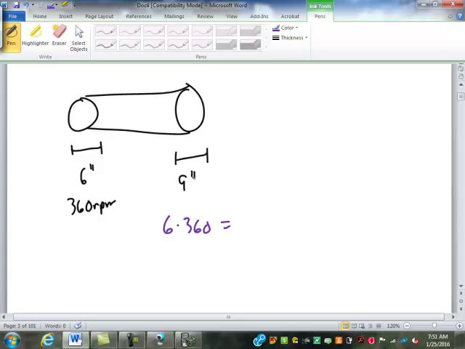As the pulley gets bigger, the RPMs get smaller, right? So this is an inverse relationship. So we don't use the proportions anymore. We use the products. So size times speed, 6 times 360, has to equal 9 times whatever that RPM is. So you multiply the 6 times 360, divide by 9, should get 240. So this will be 240 RPM.